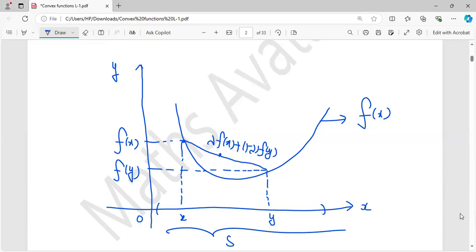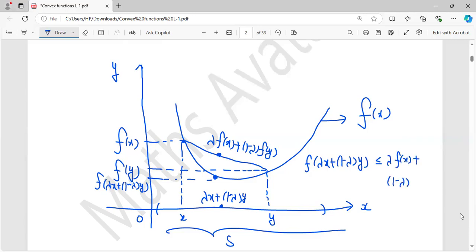And the point lambda x plus 1 minus lambda y will be somewhere, and the corresponding image is here, f of lambda x plus 1 minus lambda y. Obviously this is less than this one. So f of lambda x plus 1 minus lambda y is less than this value. So this is the meaning of convexity.